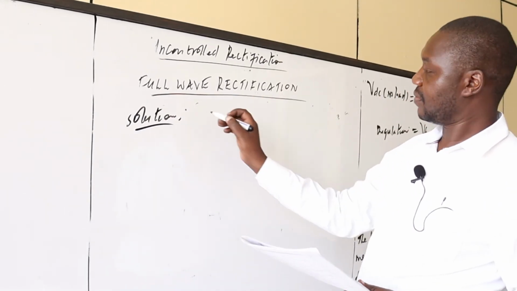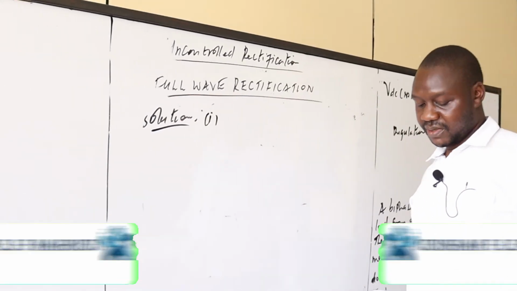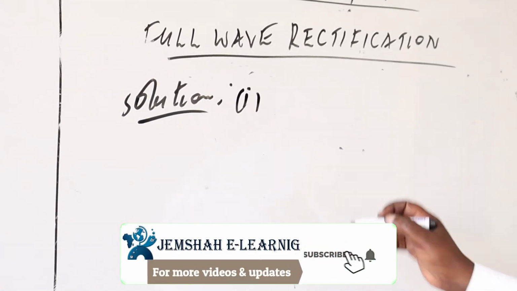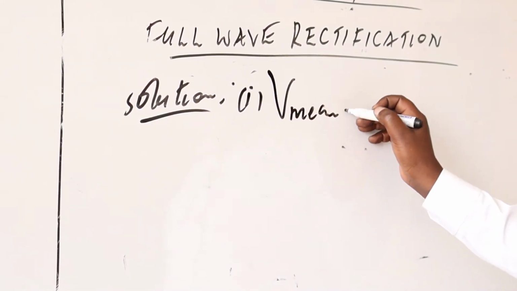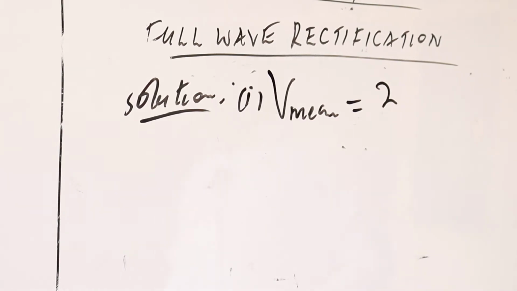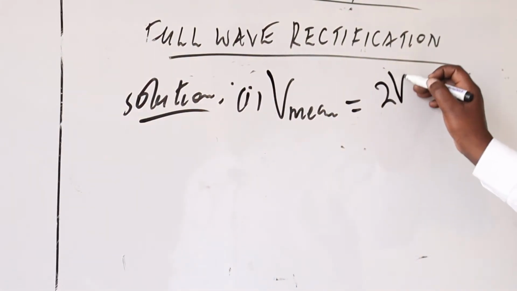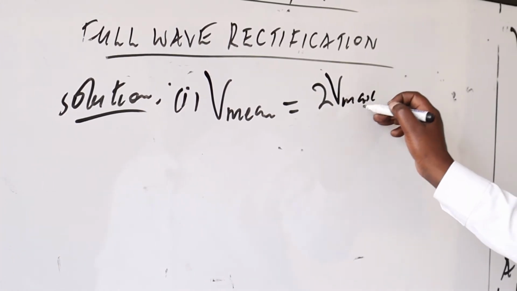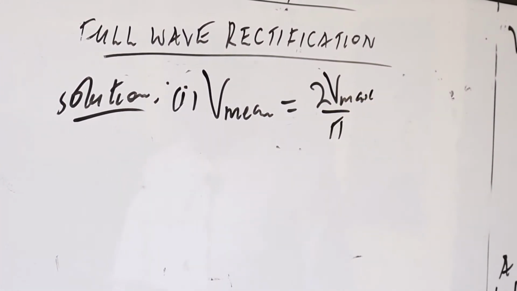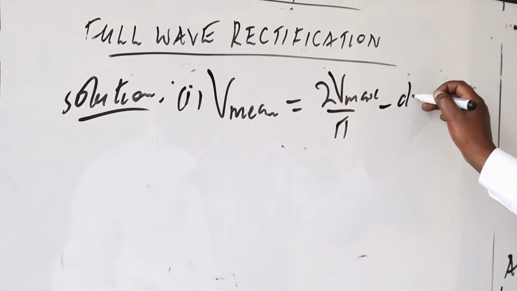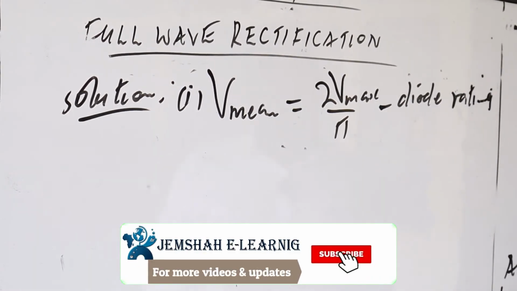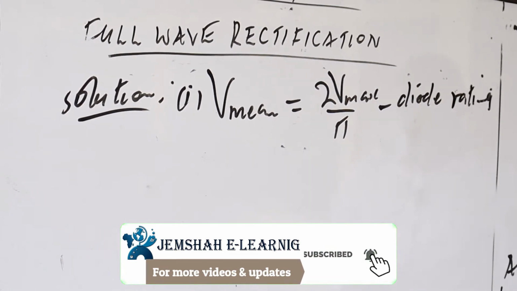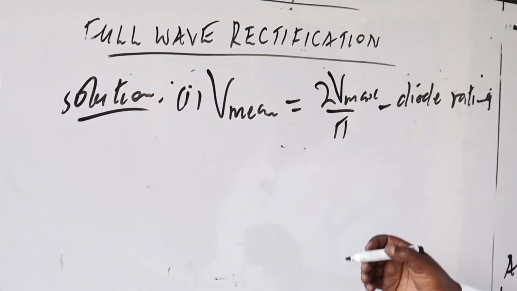So Roman 1, we can have the expression of our VDC, which is the mean. I said the mean is the same as the VDC, V mean, so that it is given by 2 times the maximum, Vmax, all over pi. Then we subtract the diode rating. So from there, we can now find the Vmax.